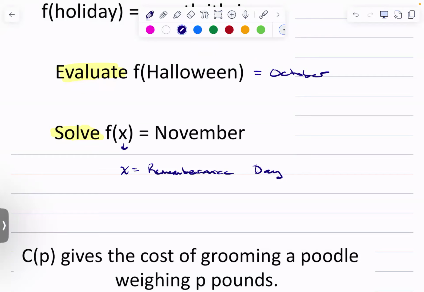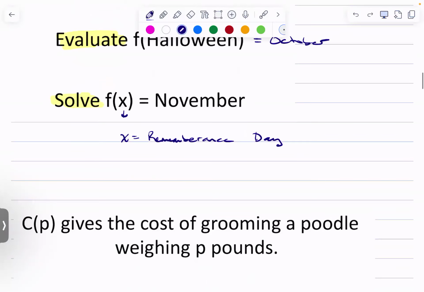Remembrance Day. Or, as my mom calls it, Novembrance Day, because she can't keep track. It's bad. Yeah, it's an American textbook, so it's meant to have two possible inputs, Thanksgiving and Veterans Day, or probably something similar.